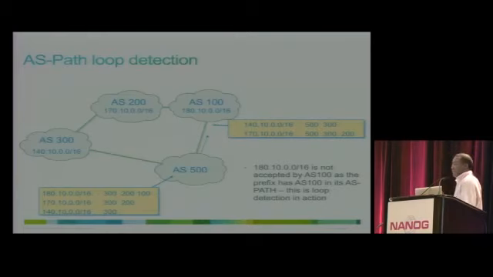So that's how the loop prevention is done. This is loop prevention among autonomous systems. There are other techniques for BGP loops within a single autonomous system. But this loop prevention prevents a loop that can be formed across multiple autonomous systems.